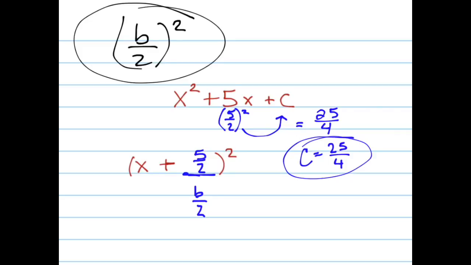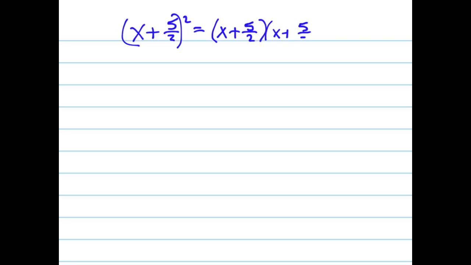No. What we do is we see that when we multiply this out, if I take x plus 5 over 2 squared, that's the same as x plus 5 over 2 times x plus 5 over 2. Right? That's what it means to square. You multiply it by itself.